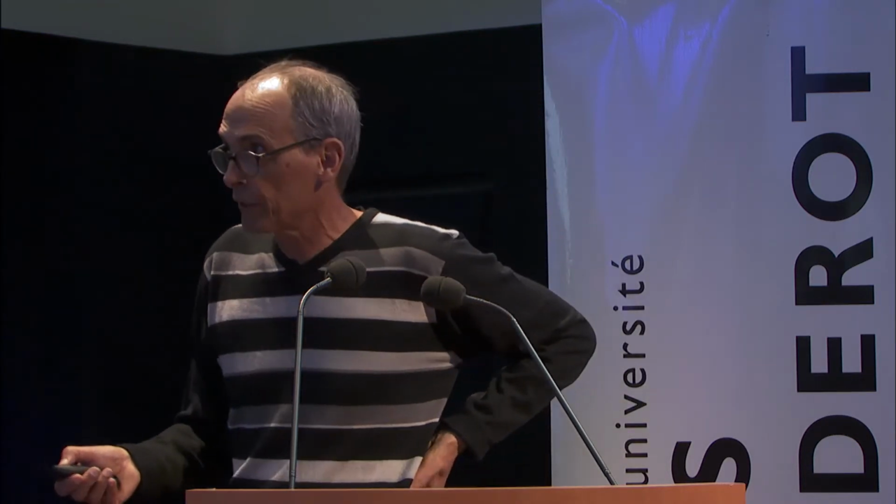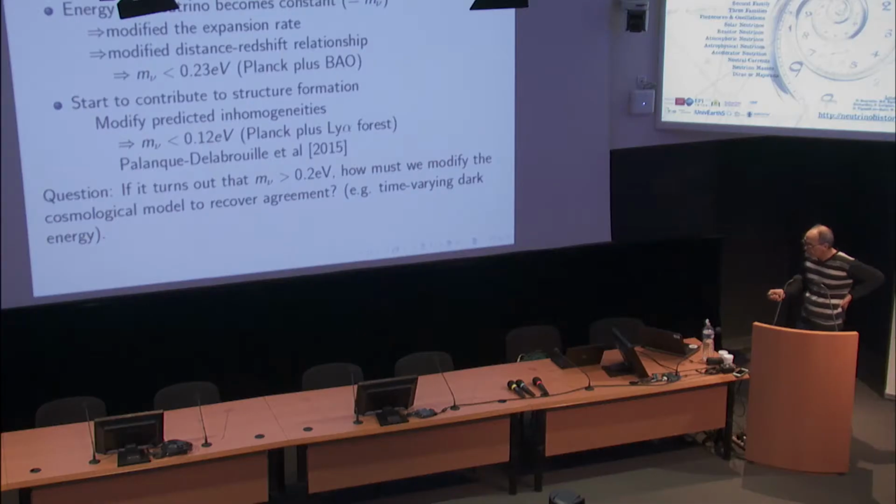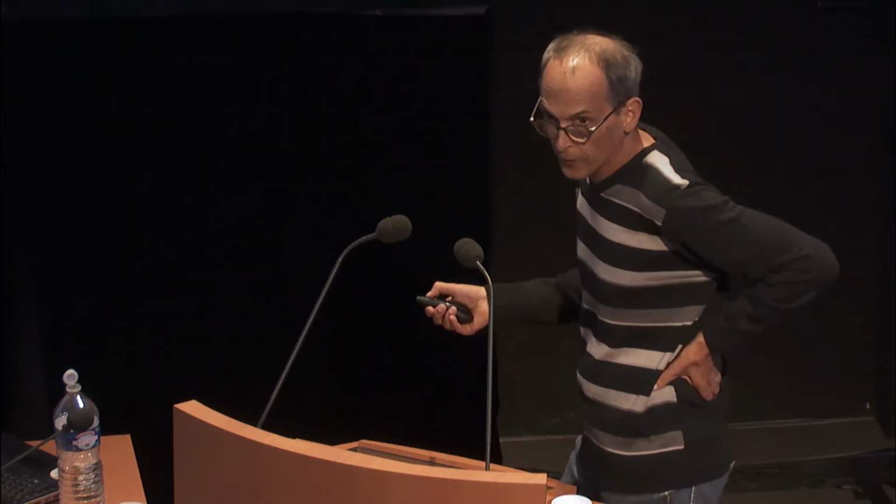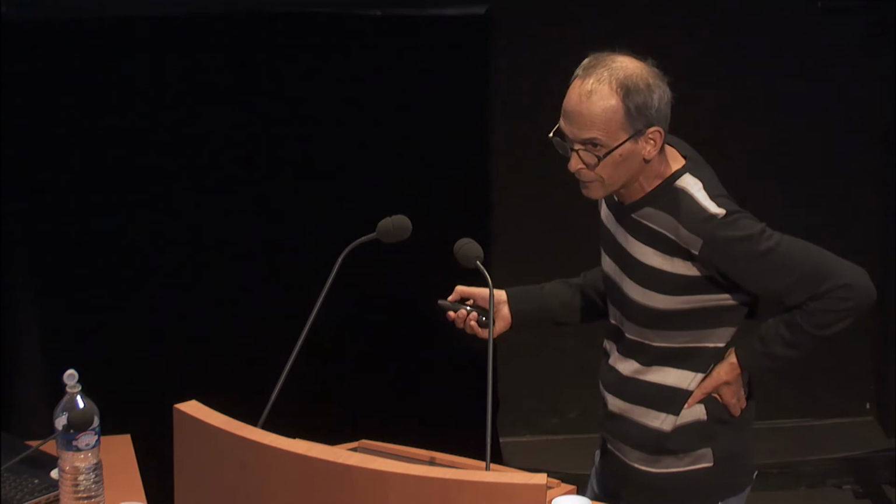Now the question is, it's always mentioned that these things are model dependent. If it turns out that there is a neutrino mass greater than 0.2 electron volts, how must we modify the cosmological model to recover agreement? Because it depends on the cosmological model. For instance, time-varying dark energy doesn't work very well. The best thing to do would be to say that inflation gave us a funny initial spectrum of perturbations, which cancels the effect of the massive neutrino to make it look like the neutrino has no mass.